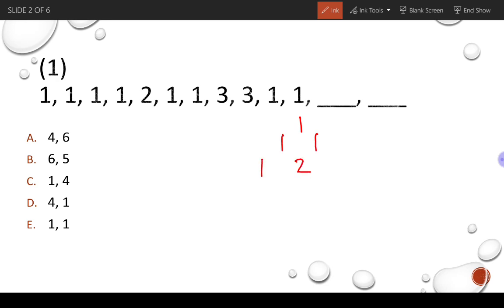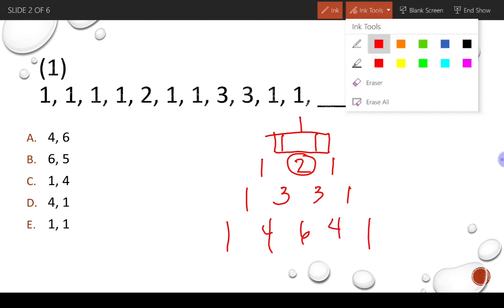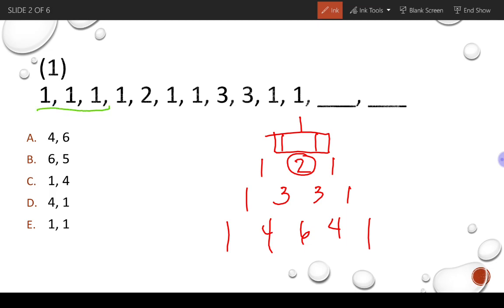Okay? 1, then 1, 3, 3, 1. Pinag-a-add natin yung upper, yung nandoon. Tapos yun yung magiging sagot. Then 1, 4, 6, 4, 1. So as you can see, 1, 1, 1. Ito yung tatlo dito.